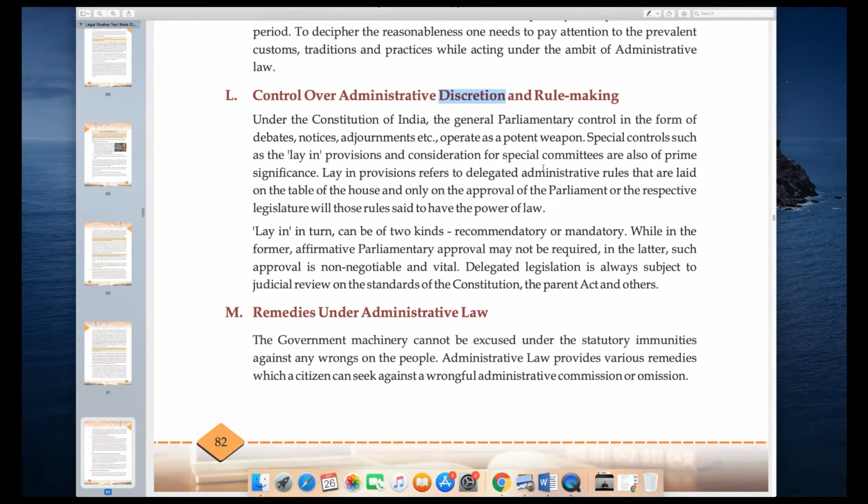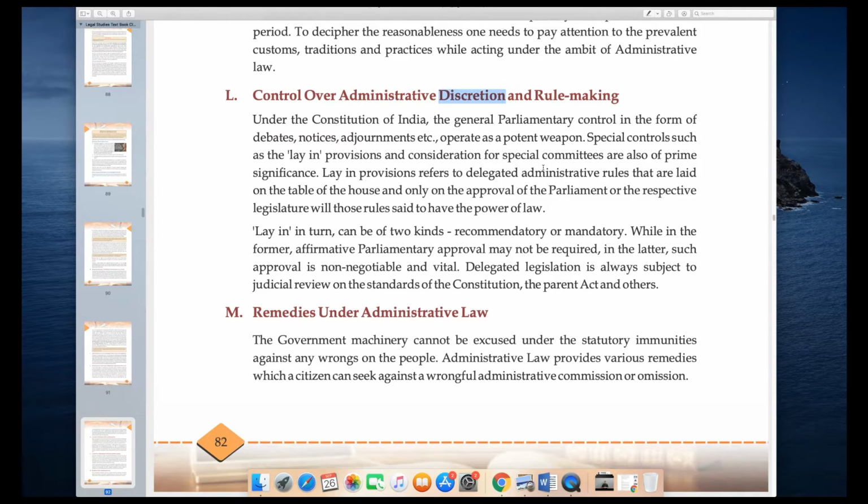Let's understand with an example. More or less everything is already predetermined, such as policies and all that. But in certain cases, the thing that is already predetermined may not be applicable in a particular circumstance or to a particular group.